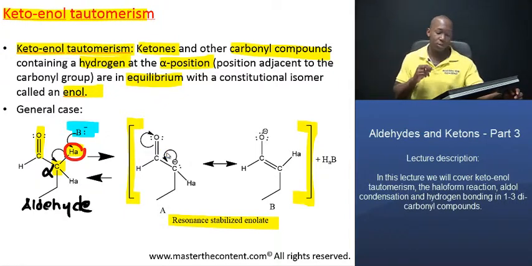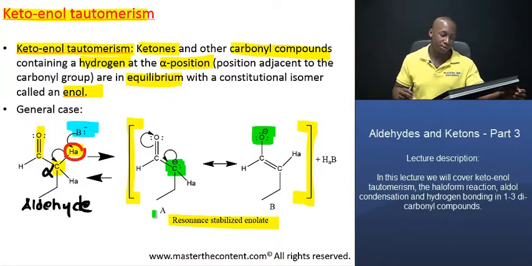And what I want to point out in this case is if we were to reprotonate this intermediate right here, we could do so at two main sites. Okay, so we could either do so at the carbon, which would effectively restore the original carbonyl compound, or we could do so at the oxygen, which actually gives us an entirely different compound.